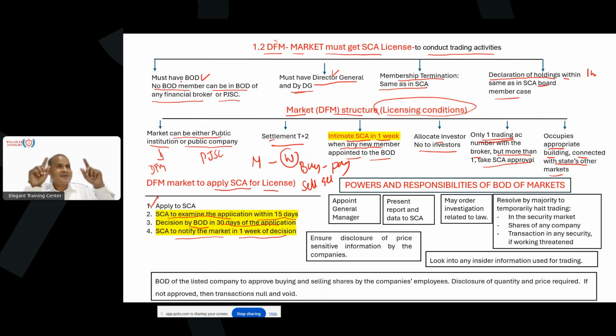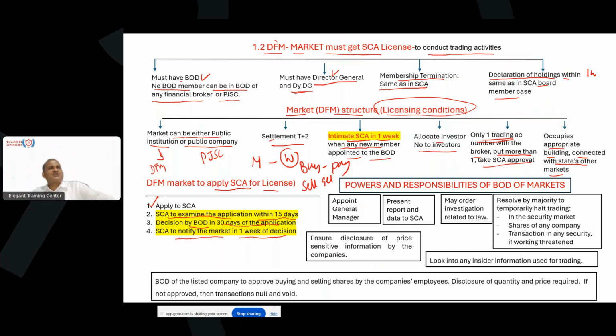So once the market applies to SCA for a license, within 15 days, SCA will look at the application, right? If the application is not complete, they will ask for more documents, more information. Then the market will provide. Once the application is complete in all respects, then within 30 days, the SCA board will decide whether the license can be given or not.